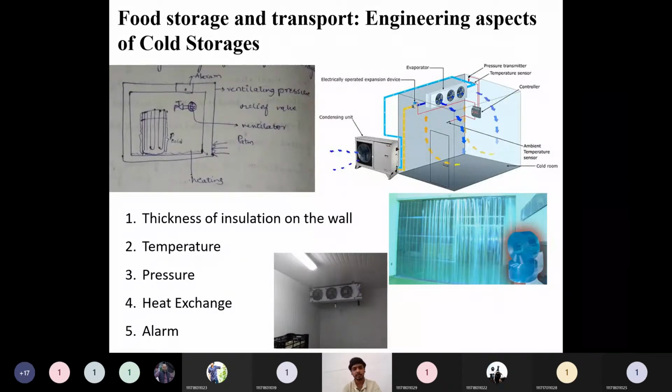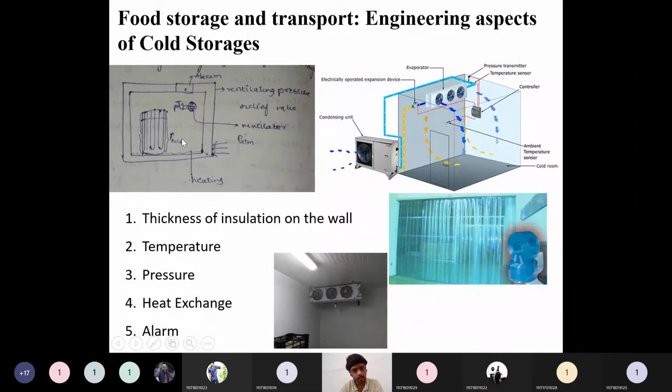How much is required depends on the pressure inside the container as well as the pressure outside the cold storage. Depending on that, we have to consider the aspects. In our design, we have to take into consideration the atmospheric pressure as well as the pressure inside the cold storage. This is our design concern.